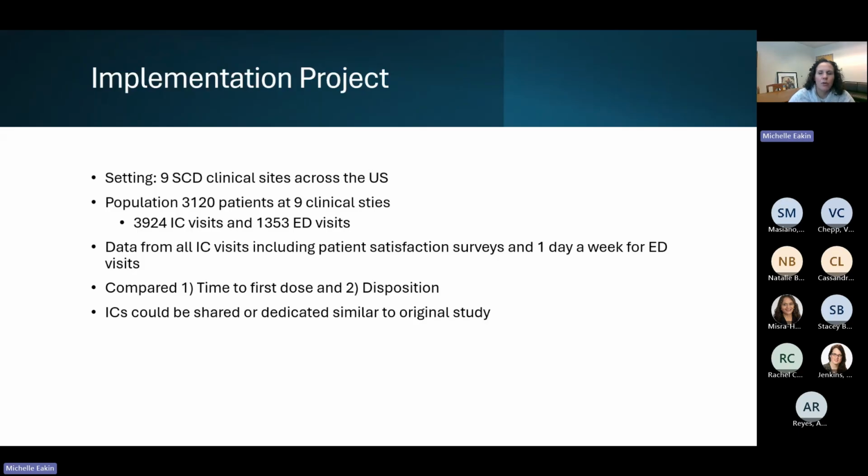We didn't want to burden the sites too much with having to extract so much ED data. So it included all the infusion center visits compared to 1 day a week for the ED. We were looking at 2 outcomes, time to first dose and disposition. And we allowed adaptation. It could be shared, or it could be a dedicated space for sickle cell, similar to our original study.